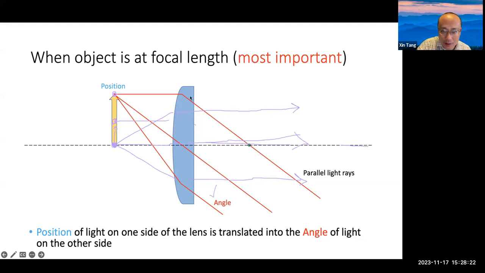If you move the sample point to position A, the light will be around this red light. So that is an important relationship, the relationship between position and angle.